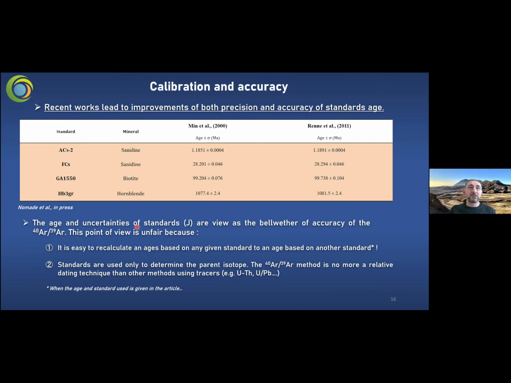They will not give you the age of the standard they use, so you cannot recalculate. That's one of the problems. And of course, standards are used only to determine the parent isotope, as I showed you. So the argon-argon method is no more relative than other methods that use tracers and depend on the tracers they use, uranium-thorium and uranium-lead included.